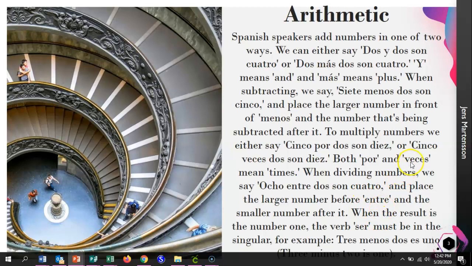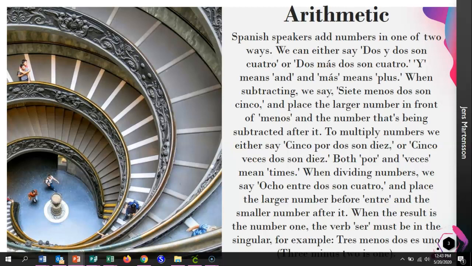When the result is the number 1, the verb ser must be in the singular form. For example, 3 menos 2 es 1, which means 3 minus 2 is 1. Let me repeat that once again.